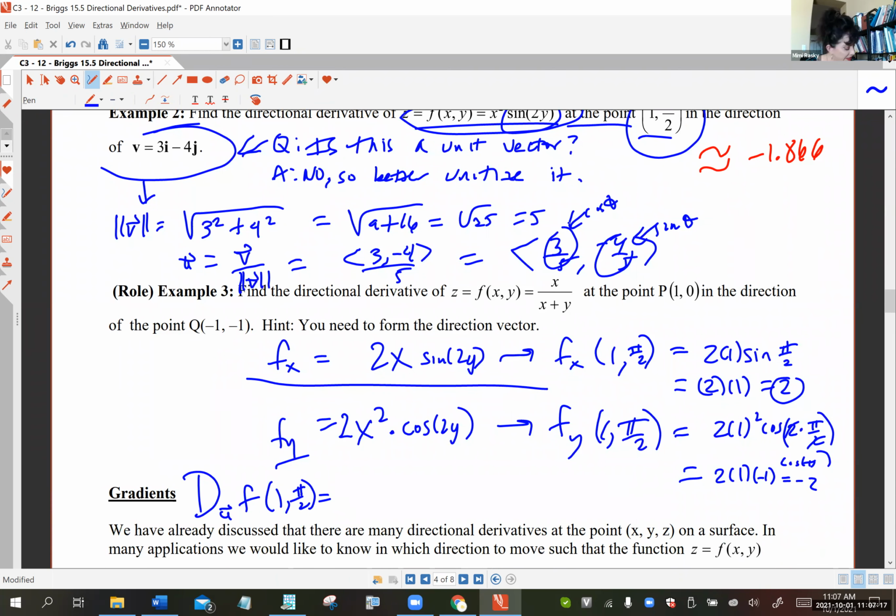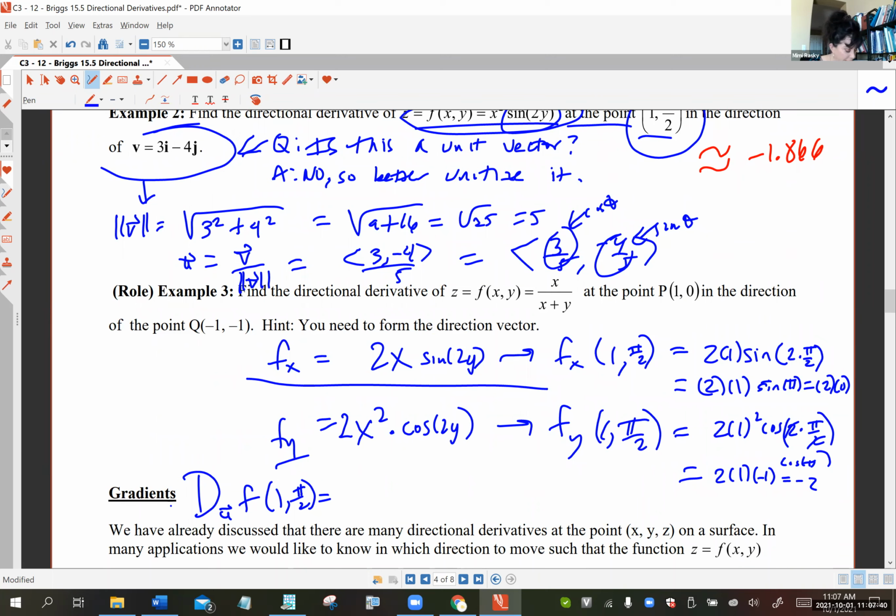I wasn't even looking. Thank you. My bad. I was testing you. Yeah, that's a 2 in there. 2 times pi halves, so that would be sine of pi. And that wouldn't be a 2, would it? That would give me 2 times 0. 0. Oh, bummer. Okay, well, that's fine.